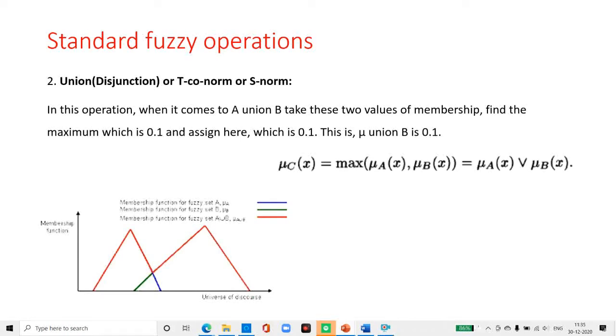If x belongs to A and x belongs to B, then x also belongs to A union B. But in a fuzzy set, the membership is the maximum of mu of A of x and mu of B of x. Here we are using the union for the membership values of A and B, getting the max value, and this is our final maximum membership value for A union B.